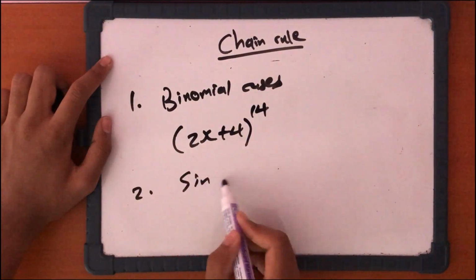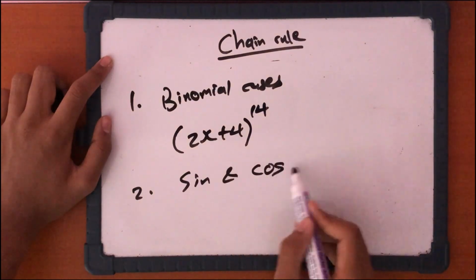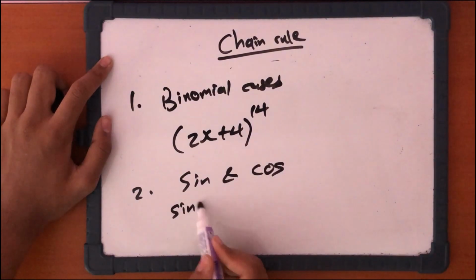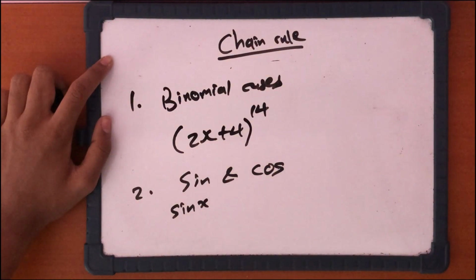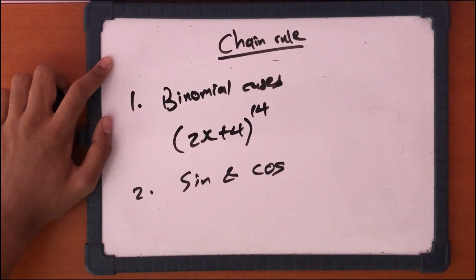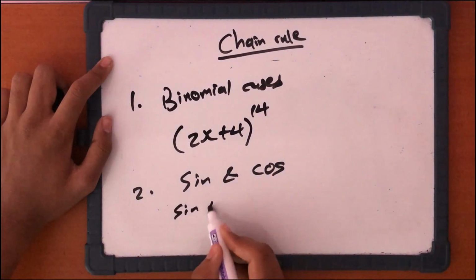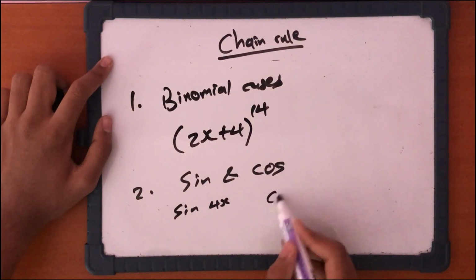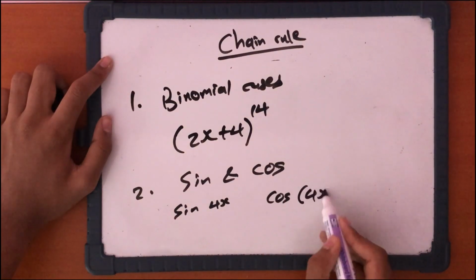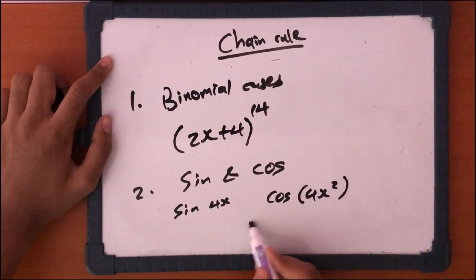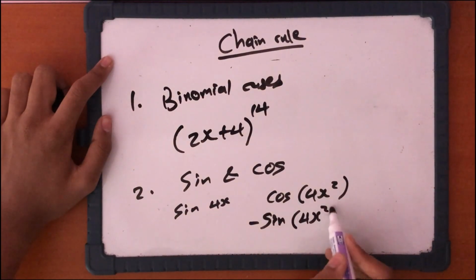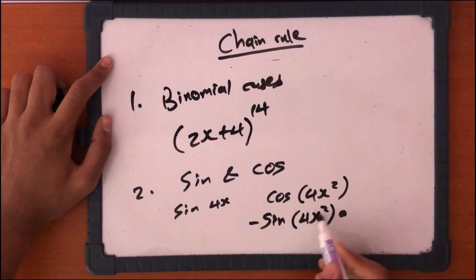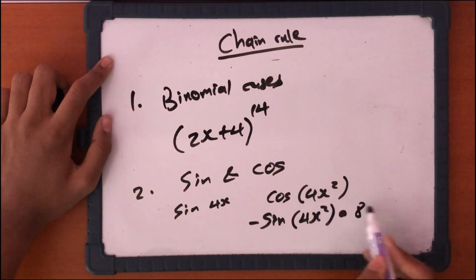Sine and cos, when it's not just sine of x and cosine of x, when it is, say, sine of 4x, or it could even be cosine of 4x squared. In this case it should be negative sine, outside function, inside remains the same, 4x squared, then you multiply by the derivative of the inside, 4 times 2, 8x.